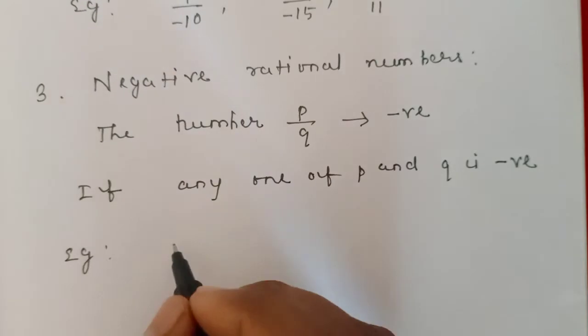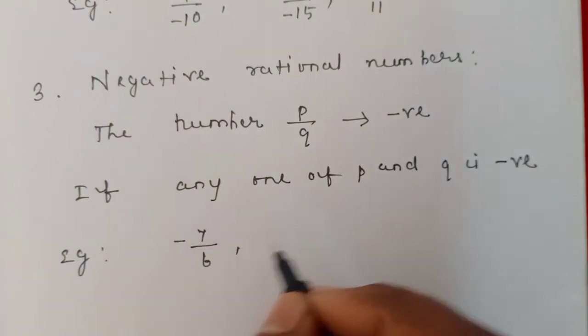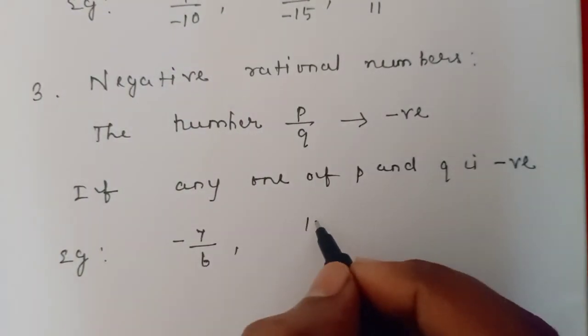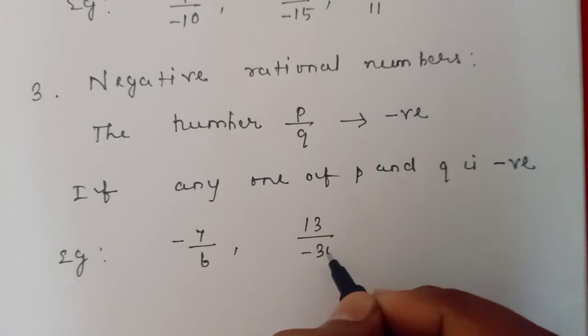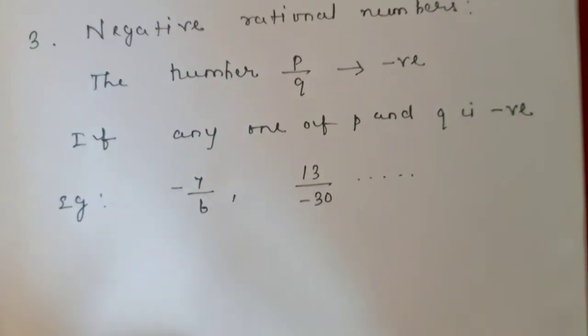For example, minus 7 by 6, 13 by minus 30 and so on.